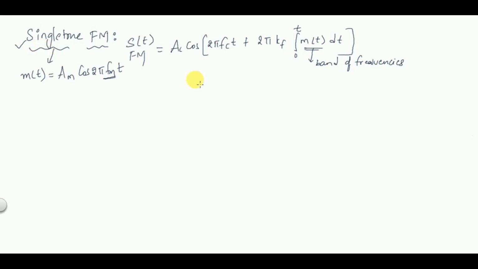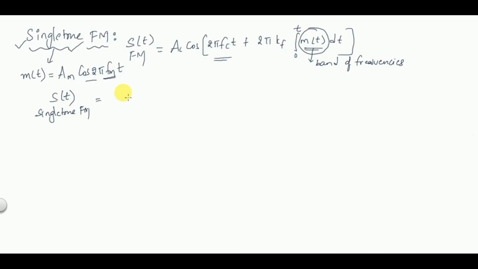Very simple. Now we are going to derive the standard time domain equation S of t of single-tone FM. In the expression, if you substitute in the place of m of t the value Am cos 2 pi fm t, we get the time domain equation of single-tone FM.